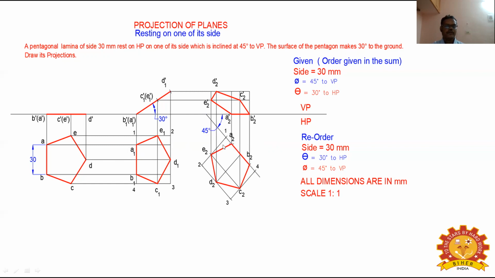Now this E1, C1 is parallel to 1, 4. Therefore, using a scale, measure the horizontal distance EC from 1, 4. And here E1 lies between 1 and 2.